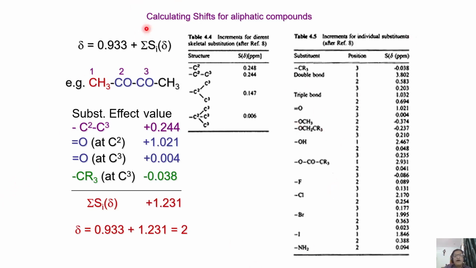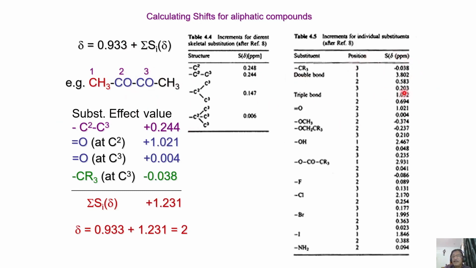That's all. Now for aliphatic compounds, many of them, this is again taken from one of the books, where you can see for different substitutions and the substitution in which position. That is also important. For example, with respect to substitution in position 1, 2, and 3. If the substitution is at a different position, what is the contribution?